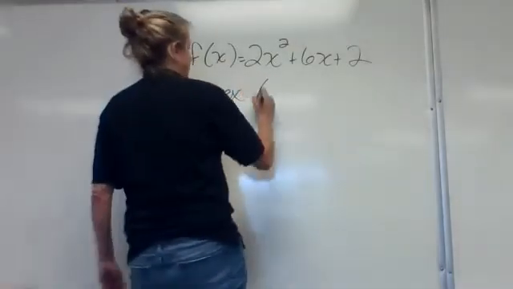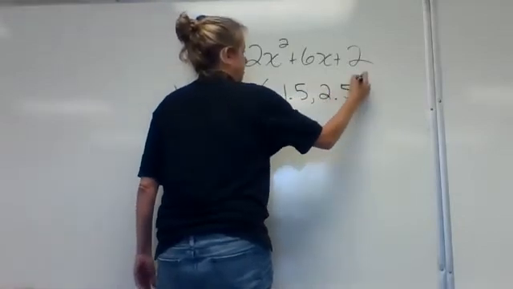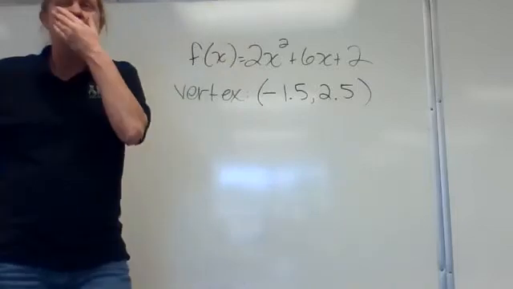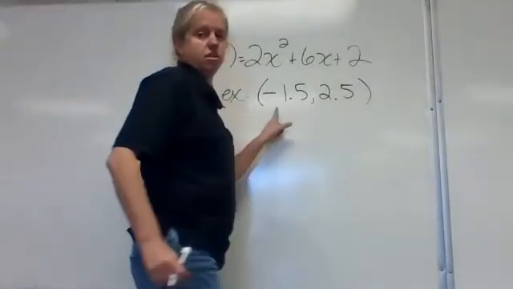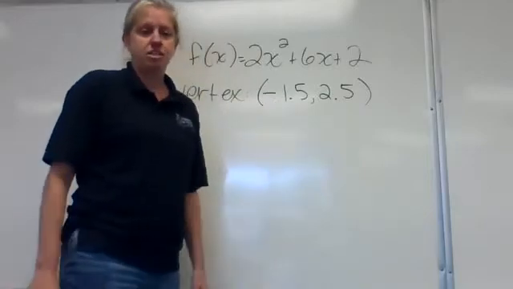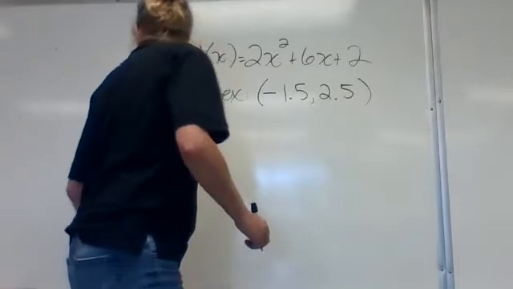So negative 1.5, 2.5. Okay, so I am going to have to turn those into fractions. Oh, I think this is negative 2, isn't it? I lost it since my batteries fell out.